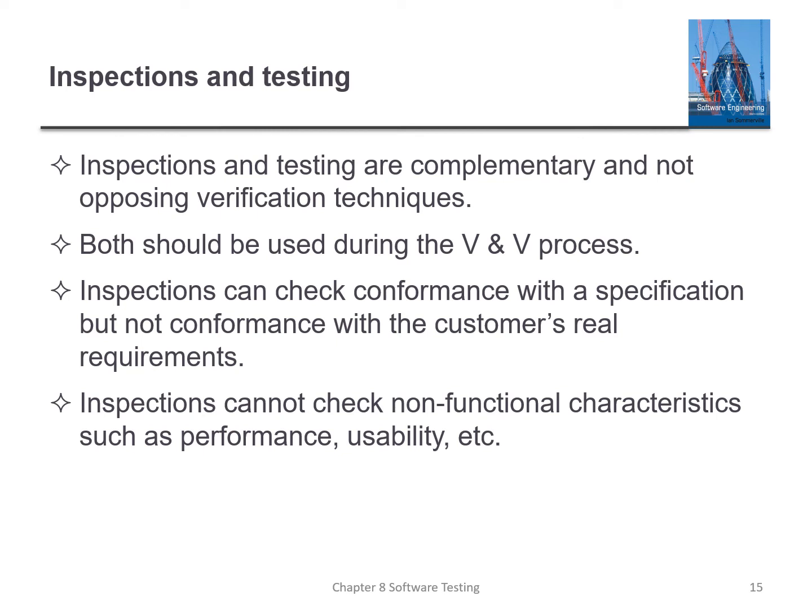As I mentioned, you can check for standards and whether it is portable or not, but it cannot check non-functional requirements related to performance and usability. Why can this not be checked? Because this has to be done by running the system. Due to that, inspection cannot check some non-functional requirements related to performance, usability, and so on.